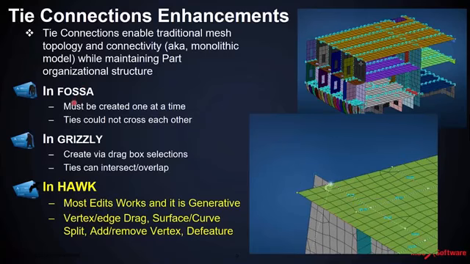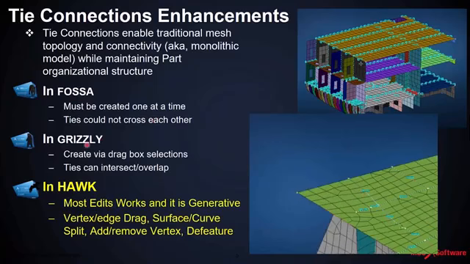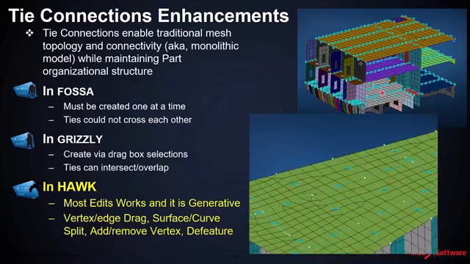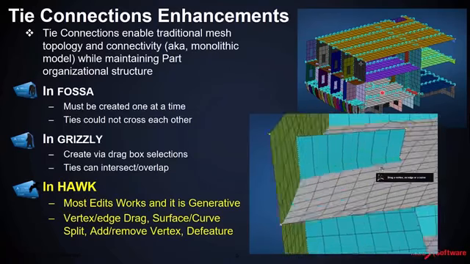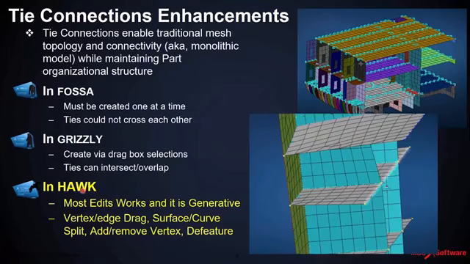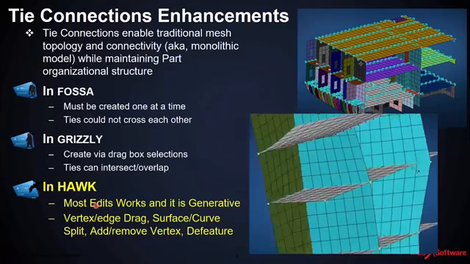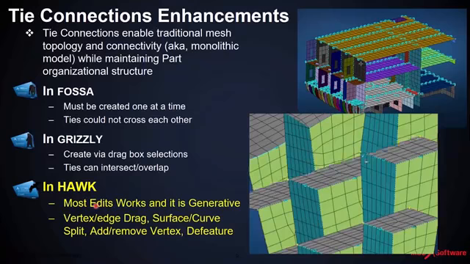In FOSA, we introduced tie connection. At that time, we could do only one tie at a time, whereas in Grizzly, we introduced the box pick, which automatically creates all the ties within the box. In Hawk, we are making it a lot more flexible, meaning now you can edit a lot of these ties or the geometry that's associated with the tie.